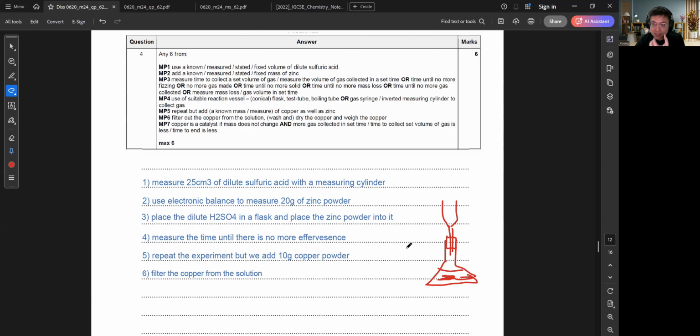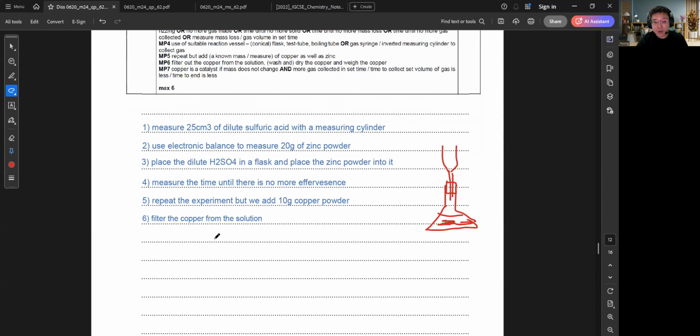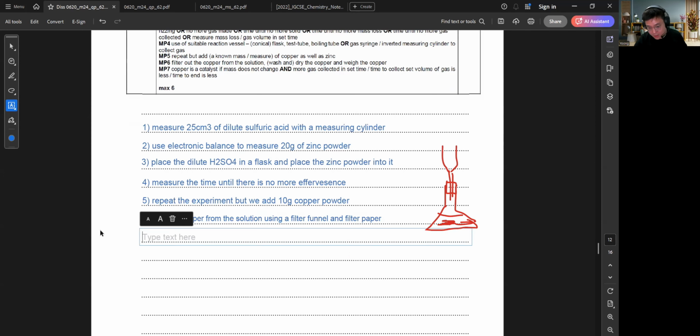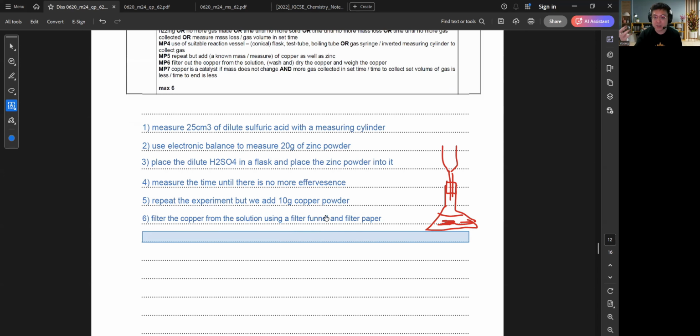So whatever solid is left inside has to be copper and only copper. That's why we filter the copper from the solution. And don't take it for granted, use a filter funnel and filter paper. Sometimes they will require us to say what we use.